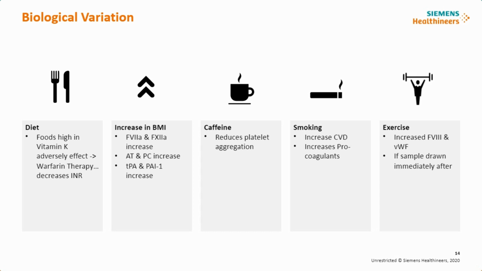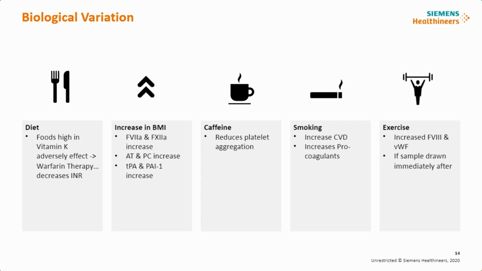I'm a victim of drinking a lot of caffeine, so if I go in and get a platelet aggregation assay done tomorrow, of course, my aggregation response may be blunted by the amount of caffeine that I consumed. Smoking. Not only does it increase cardiovascular disease, but it can also increase various procoagulants, giving the impression that you have a hypercoagulable state.